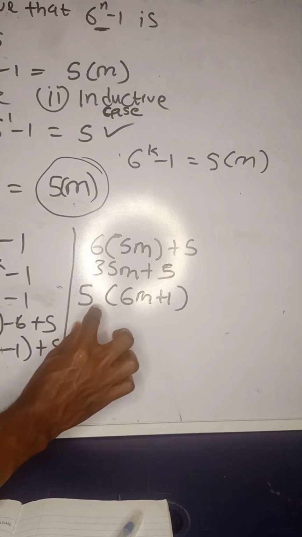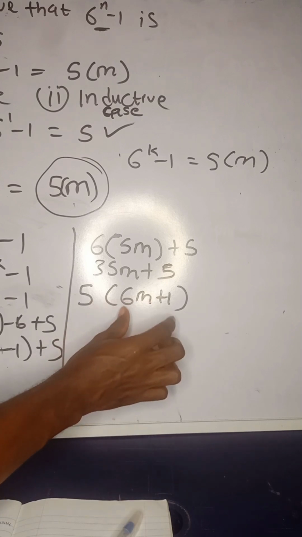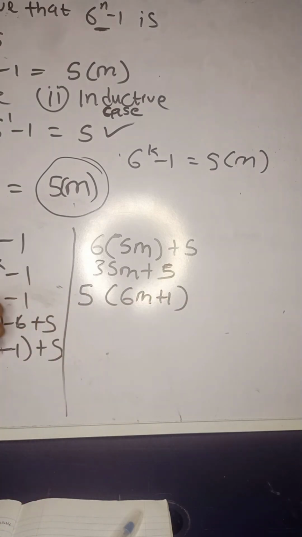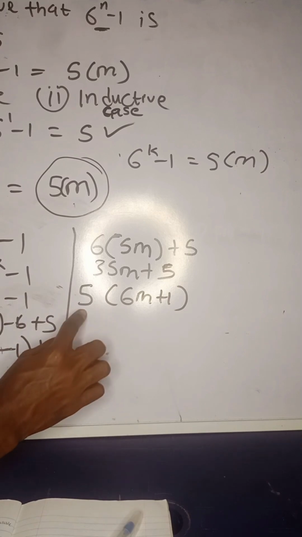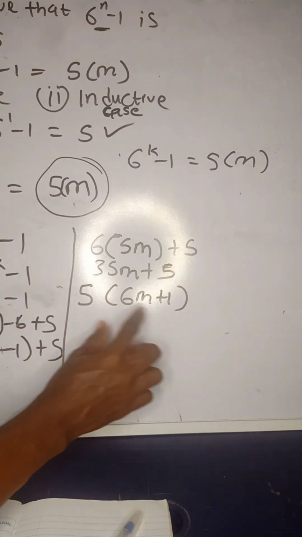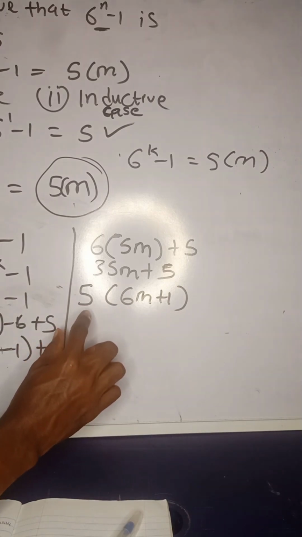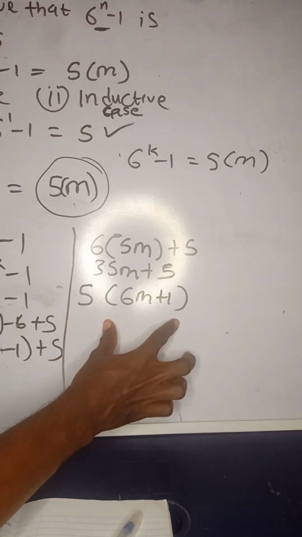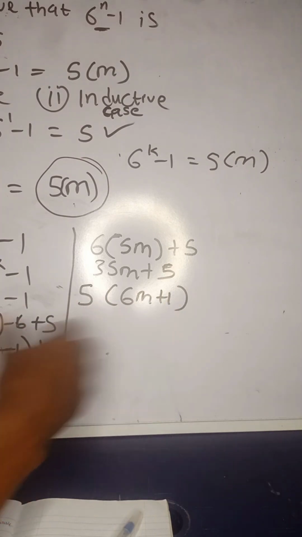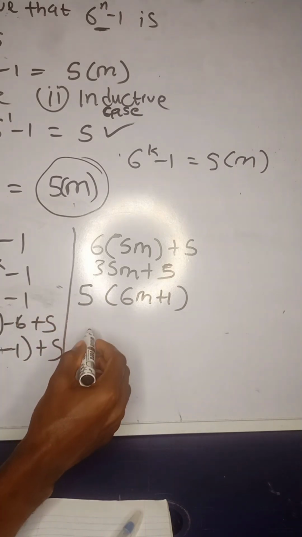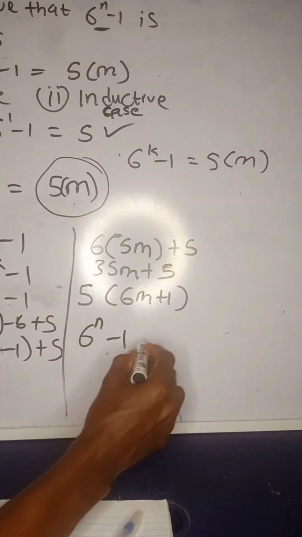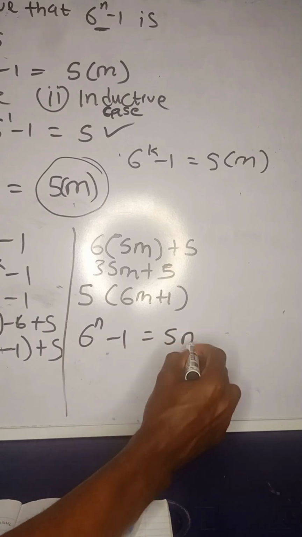So we know that 5 times (6m plus 1), we don't know what this is, but all we know is that 6^(k+1) minus 1 is equivalent to 5 times (6m plus 1). For it to be multiplied by 5 means that certainly this is a multiple of 5.